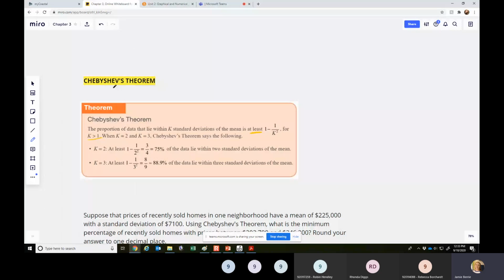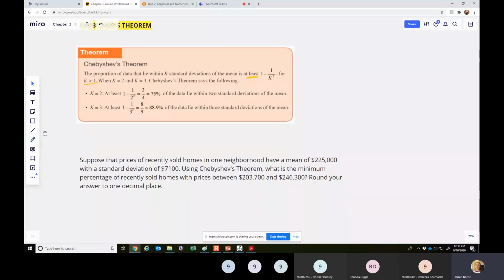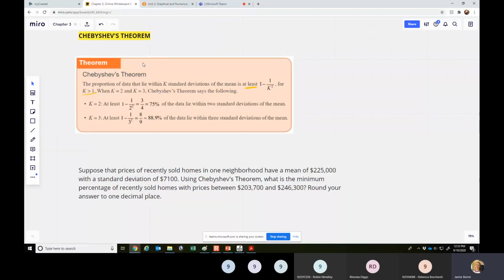It's saying we're not sure, but we think at least 75% of the data are going to lie within 2 standard deviations of the mean. So you really only want to use Chebyshev's theorem if you are not sure about the shape of the overall distribution you're working with.